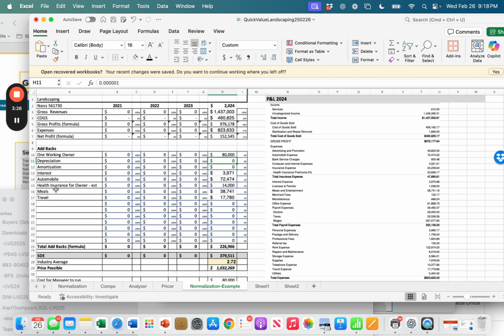If meals were used to incentivize the employees and celebrate holidays or birthdays, or if they were used to woo customers, then they would have to stay in the business and they would be a normal type of expense. Same thing for travel. If they traveled and they had to drive the car around to do different clients, then that might be something that you don't get to write off as well.